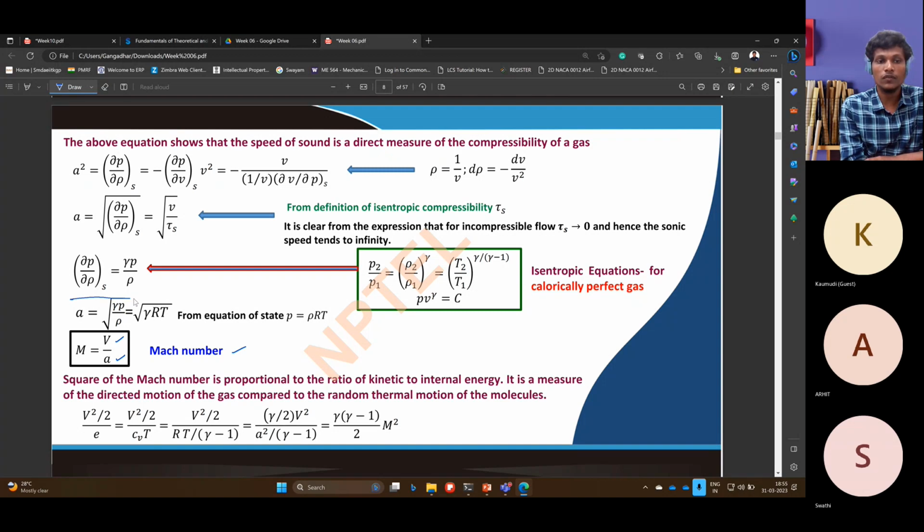You can see this derivation also: from a squared, we know that dou p by dou rho at constant entropy. Using the same formulation, we derived that the sound velocity equals the square root of gamma RT. This is another important relation that we always use in problem solving for this week's lecture.